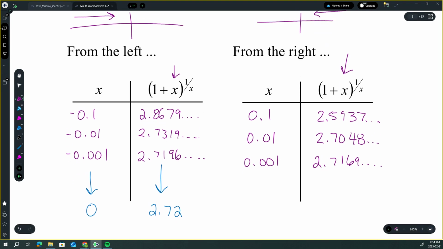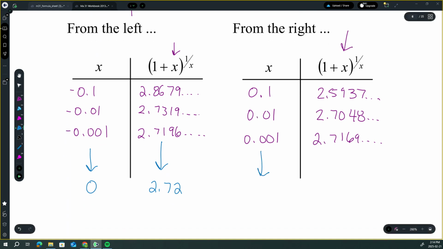For any question like this, you're going to want to pick 3 numbers for your value of x approaching from the left, and then 3 numbers approaching from the right, just to see what number f of x is getting closer and closer to.